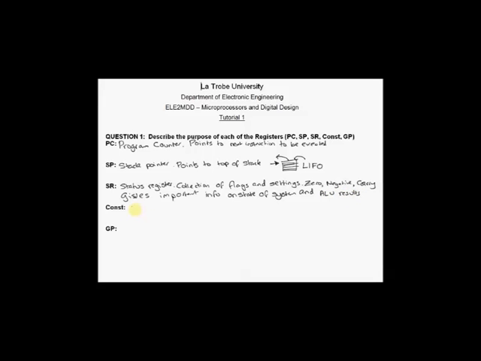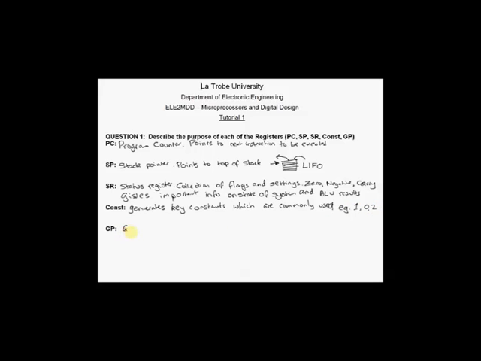We have the constant generator, which essentially generates key constant values which are commonly used. Some examples would be 1, 0, and 2.